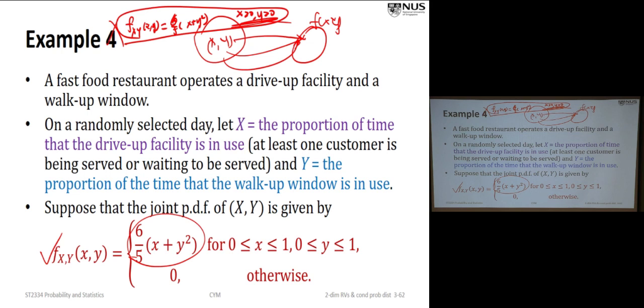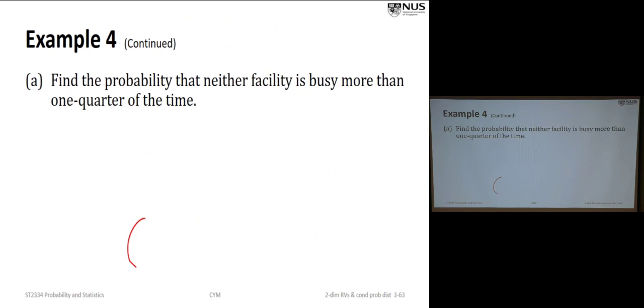And integrated over the whole region, it has to be 1. All right? Okay, so we are asked to find the probability that neither facility is busy more than 1/4 of the time. Now, it's important that you understand the question and then translate it into probability statements in terms of random variable x and random variable y. Here it says that neither facility is busy more than 1/4 of the time.